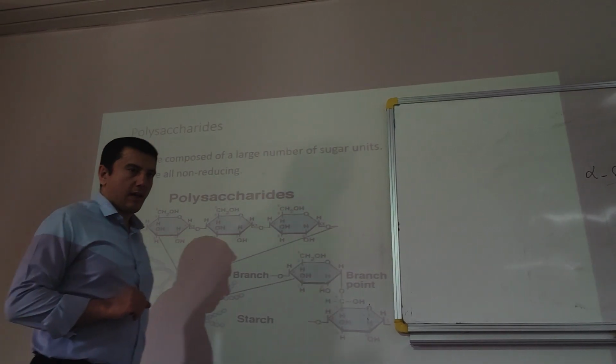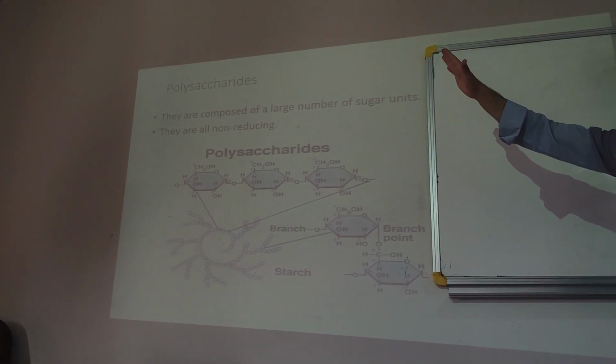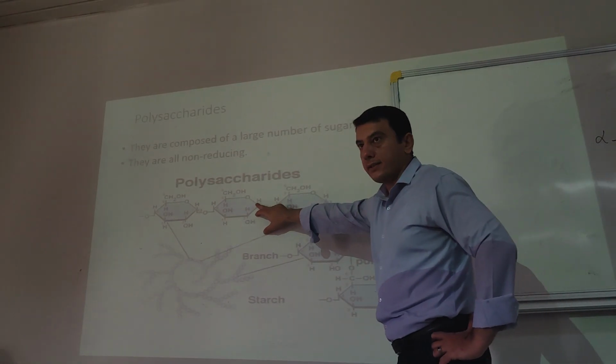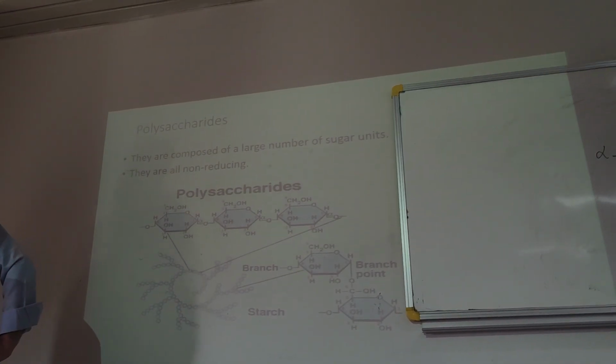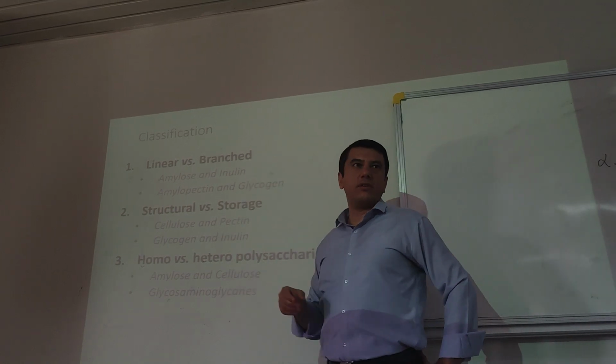The last part of our class is polysaccharides: more than 100 monosaccharides. We have different types of polysaccharides, for example, linear or branched.